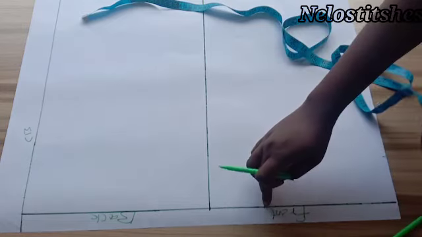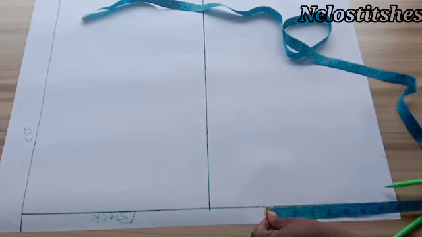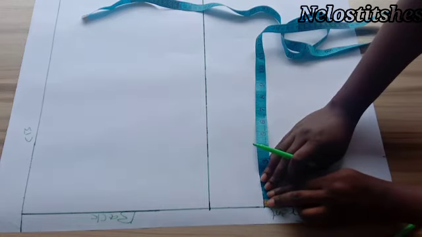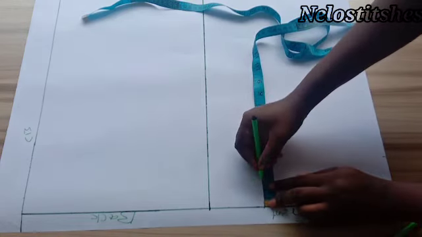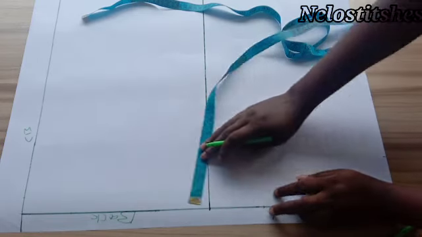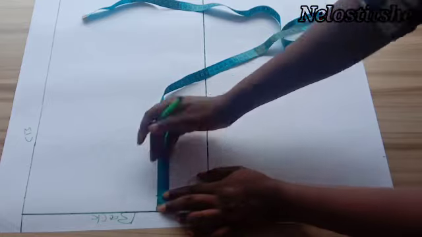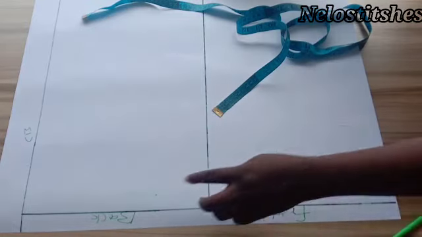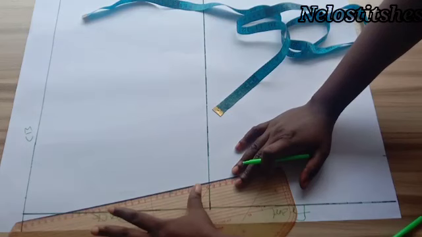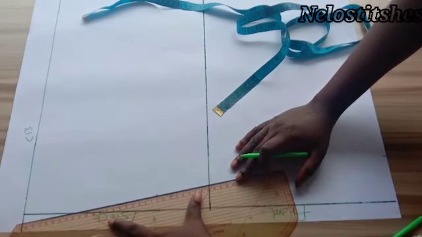Okay, now I'm going to mark my shoulder slope from here. I'll come down by 1.5 for the front and 1 inch for my back shoulder slope. So I'm going to connect to the neck width like this.